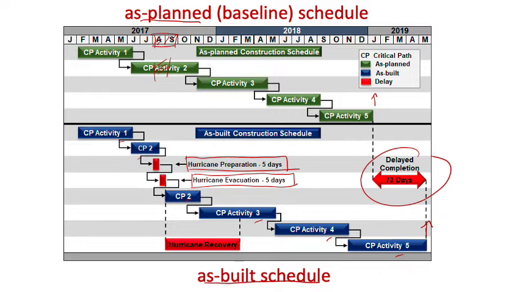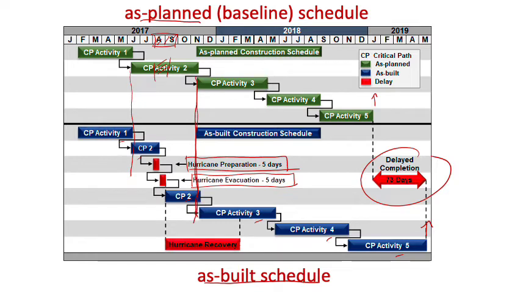Now you look at the SB schedule and compare it with the S-plan schedule for activity 2. As you can see here, activity 2 started as planned and finished pretty much as planned.